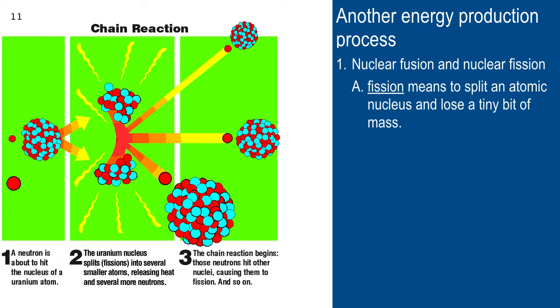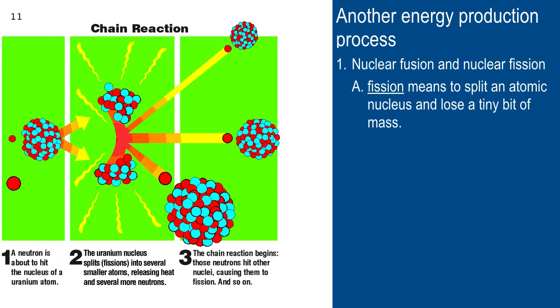And then we have to figure out ways to control it if we want to have a nuclear reactor. If we want to have a weapon, we just let it fission the entire piece of uranium, as much as we can anyways. All right, so that's nuclear fission. And the important thing is that there's missing mass at the end. At the end of the second panel, there's missing mass.